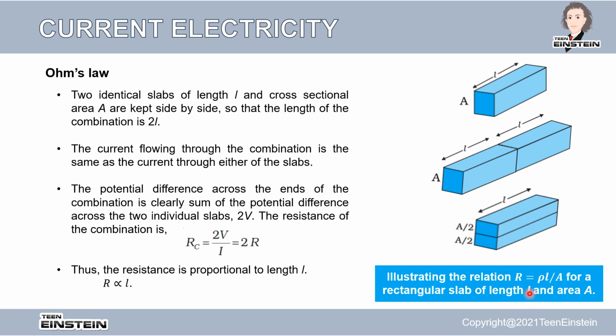Now we will see how to derive this relation. We will take two identical slabs of length L and cross-sectional area A, and keep them side by side so that the length of the combination is 2L and the cross-sectional area is still A. The current flowing through the combination is the same as the current through either of the slabs, because the charges go in from the left end and come out of the other end.